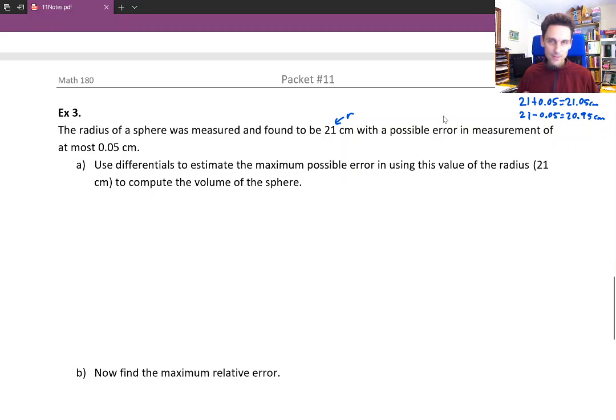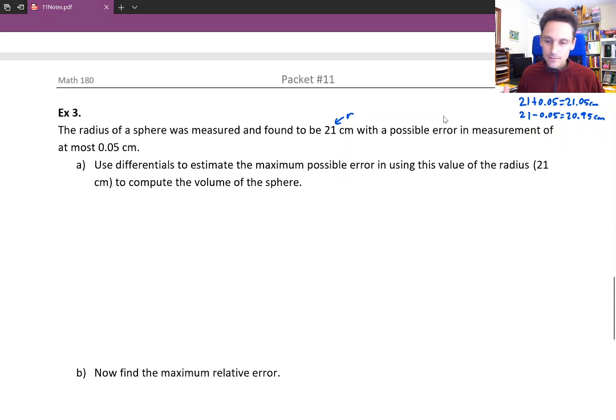That would give you some kind of maximum possible error. But here we're just going to use differentials because, like we mentioned, differentials can sometimes be used to simplify calculations.